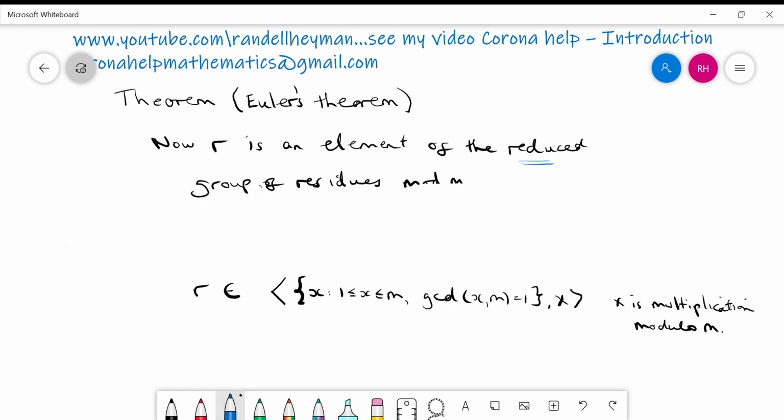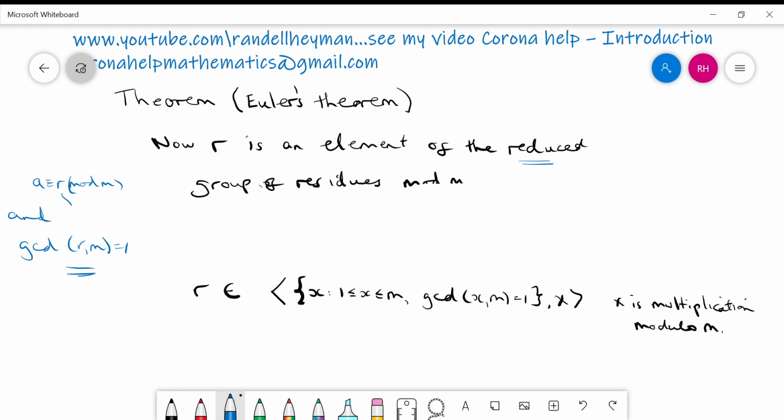It said A is equivalent to R mod M, and the GCD of R and M equals 1. So because the GCD is equal to 1, it means R's got an inverse.